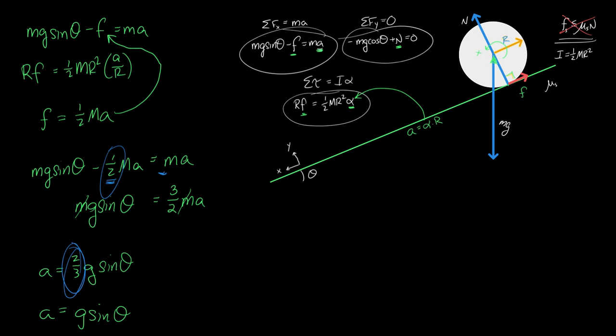Now, an object sliding without friction obviously slides the fastest. This one has to be sliding slower because there's friction acting. And friction acts, even though that friction is causing it to roll, it still acts against the direction of motion. What's really happening is energy is being taken away from the system to cause the object to roll.